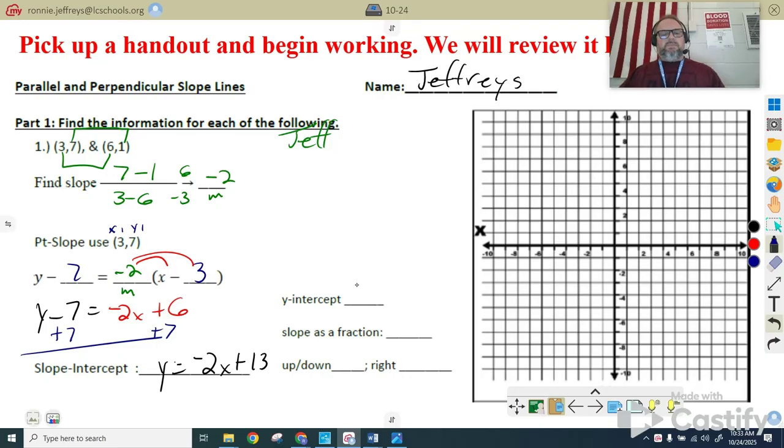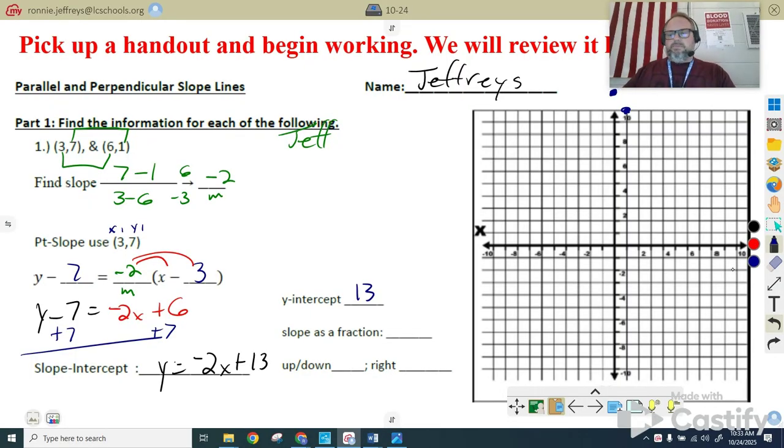Okay, the y-intercept, this is 13. So that would be, this is 10, 11, 12, 13, would just be somewhere right here. All right, and then it would go down to the right one. Well, that would actually be over here at, no, 11, 1, because it's 13, 12, 11, okay?